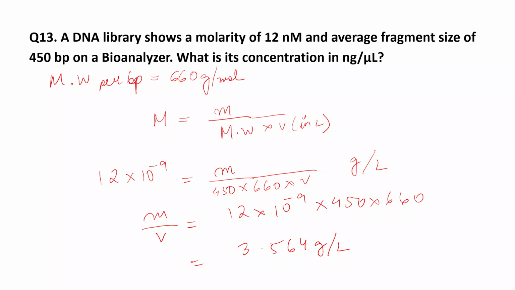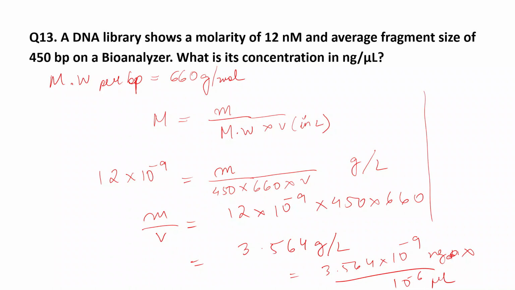For converting into nanogram per microliter, what we have to do is 3.564 nanogram per liter, and micro is 10 to the power minus 6, so divided by 10 to the power minus 6 microliter.